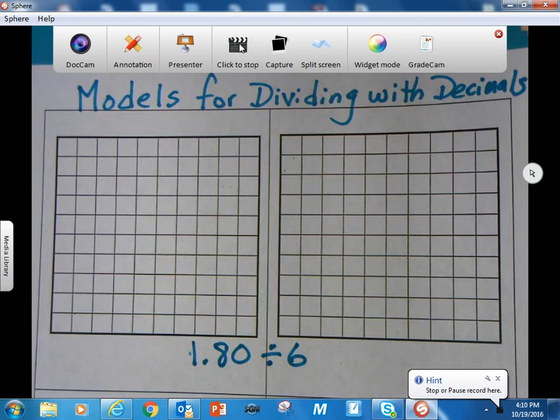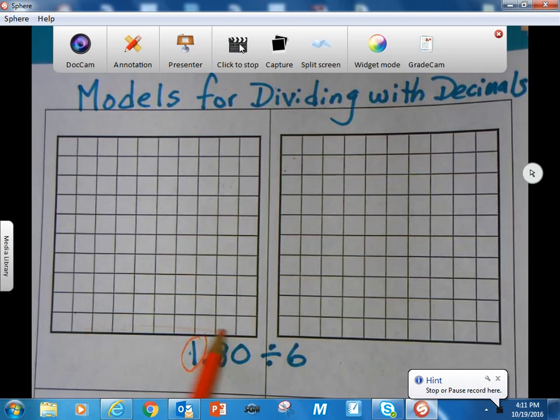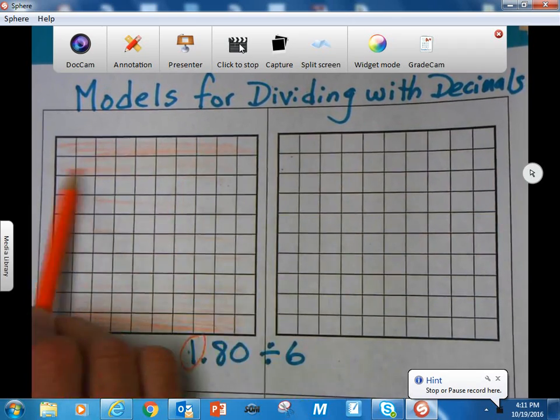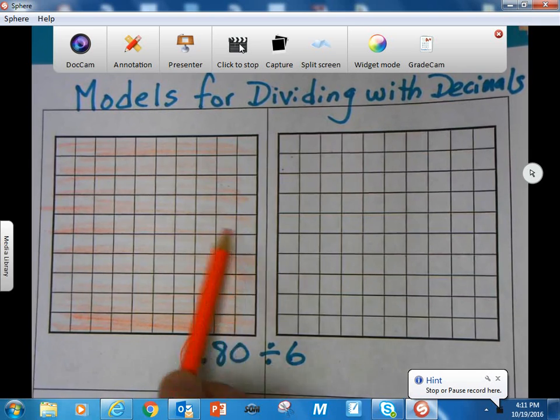First thing I need to do is determine what 1 and 80 hundredths looks like on this grid. Well, the 1 represents one whole grid. So I'm going to go ahead and shade in. If I shade in one whole grid here, I don't need to be perfect, kind of get the general outline.